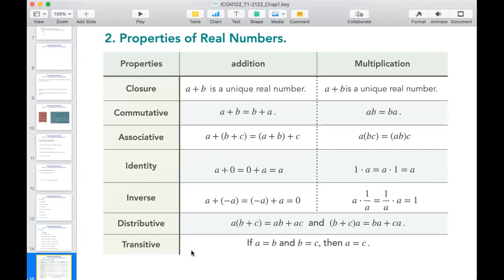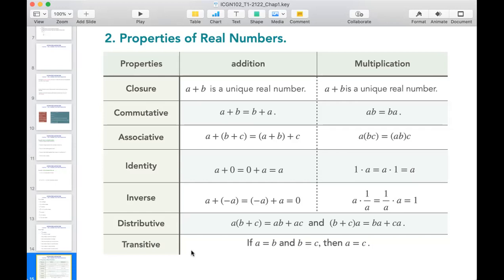The first property is the closure property. It is the property's name, and it applies when we do addition and multiplication.